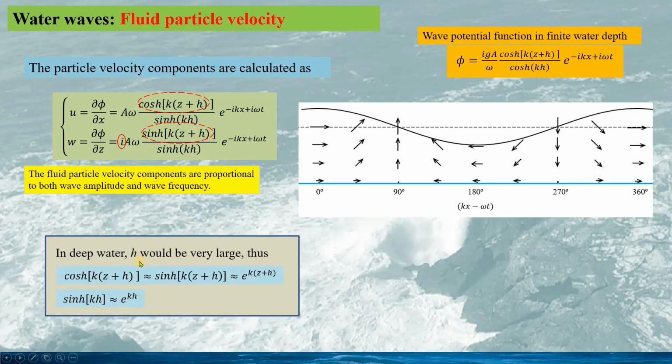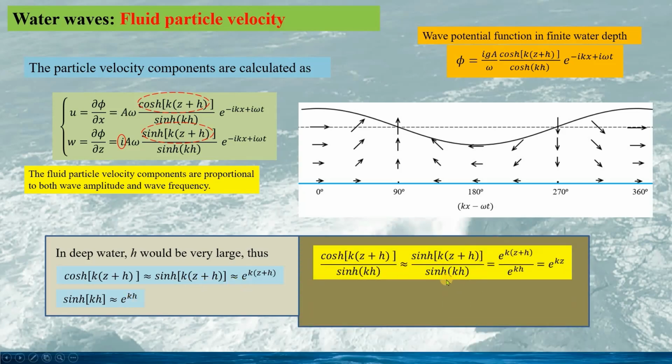If in deep water, h would be very large. Thus, we have the approximation that cosh k(z plus h) equals sinh k(z plus h), and is given by an expression as this exponent. And the sinh kh can be expressed as this.